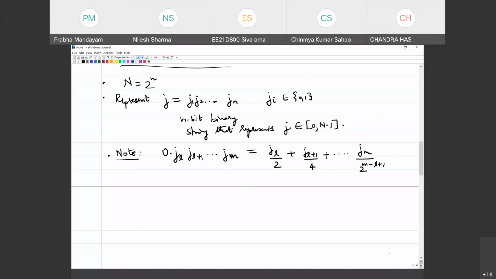For l it is 2, for l plus 1 it is 2 squared. So for m it is, yeah, I think this is fine, right?